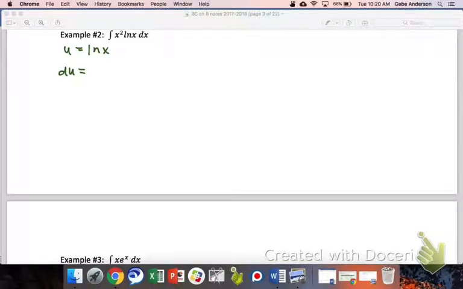If you make the dv ln, it's going to be a significantly bigger problem, because at this point, we don't know the antiderivative of ln. So we would make u ln of x and dv x squared dx, and then we'd go from there. So this is a good takeoff point?